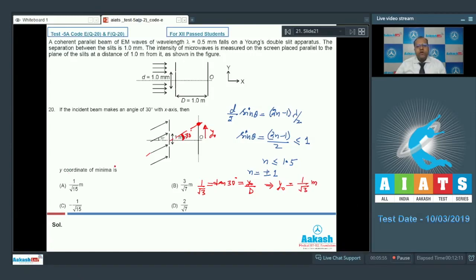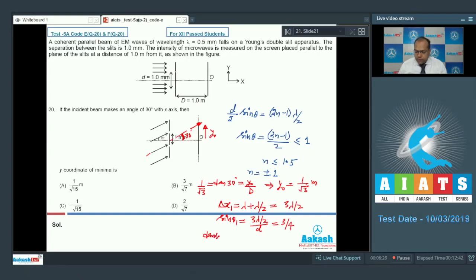Now for the y coordinate of minima, the path difference delta x1 can be written as lambda plus lambda by 2, so it comes out to be 3 lambda by 2. So in that case, sine theta 1 comes out to be 3 lambda by 2 divided by d, and if I substitute the value of lambda as d by 2, then it comes out to be 3 by 4.